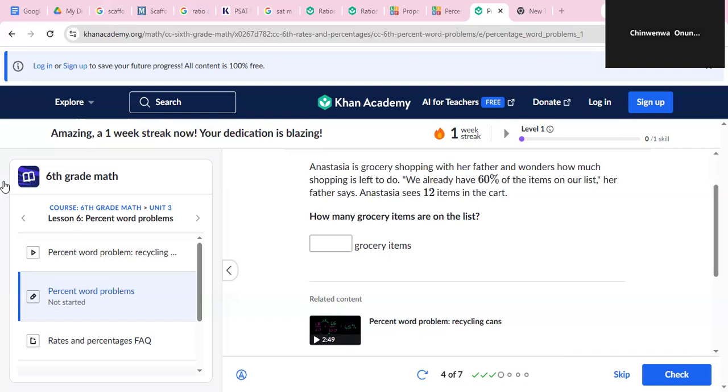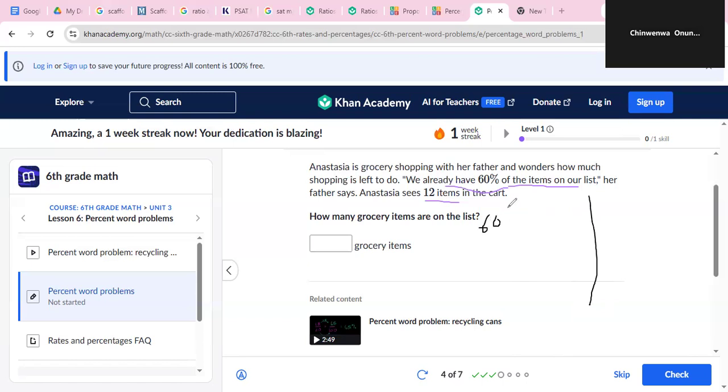So let's underline what's important here. She already has 60%, which is 12 items. 60% of the items on her list is 12 items. So that's something to note. We can either do it as a word problem or as a ratio.